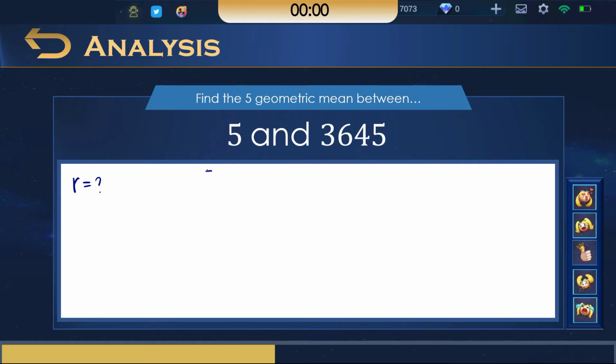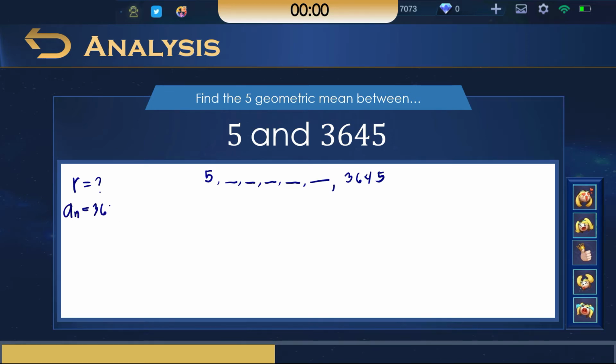We have 5 as the first term, and we have 5 geometric means that we are going to include in the given sequence, and we have the last term, which is 3,645.